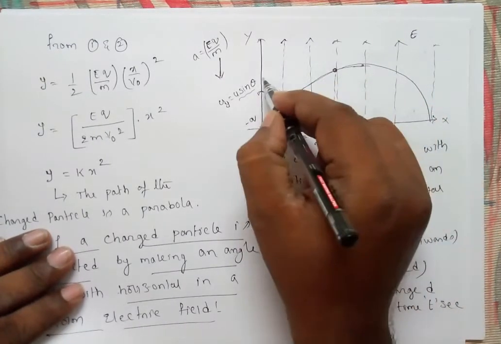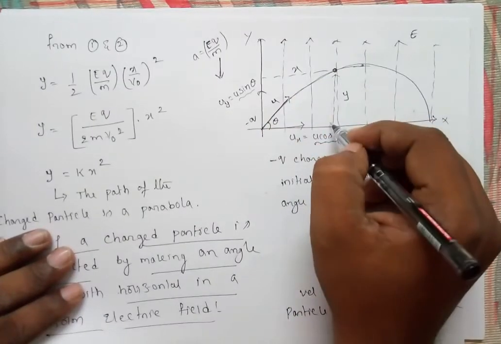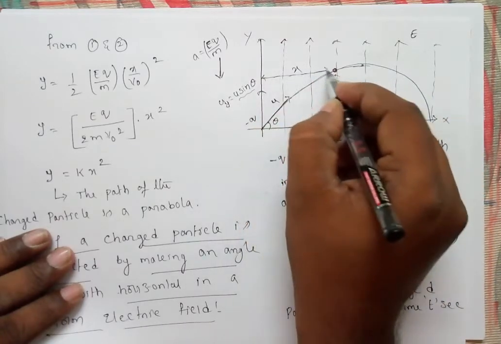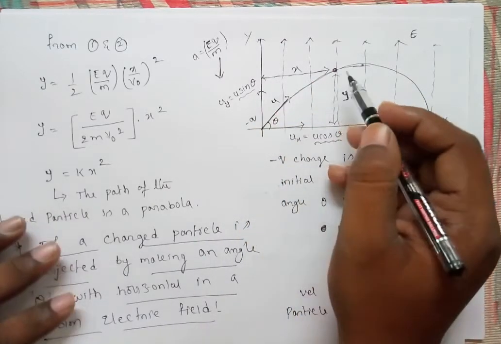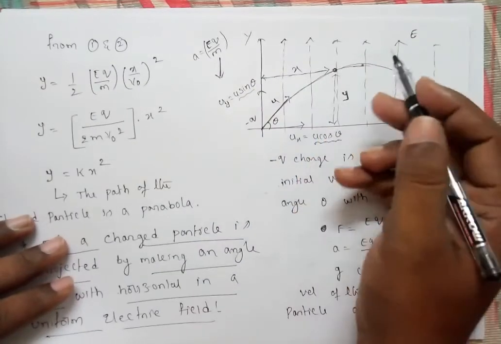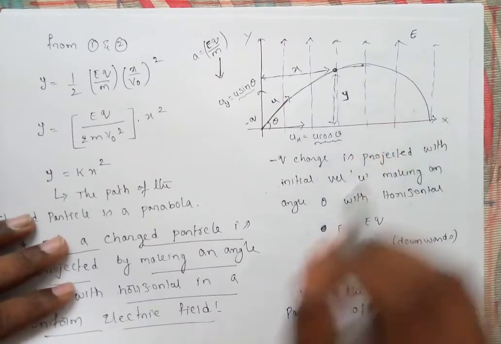It has an x direction and a y direction. So along the x direction how much will it travel after time t seconds, and along the y direction how much will it travel after t seconds? We need to find it out.